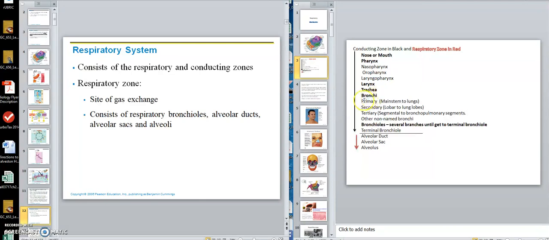And of the bronchi, the first bronchi would be the primary bronchi. Now, bronchi is plural. Let the computer catch up here.